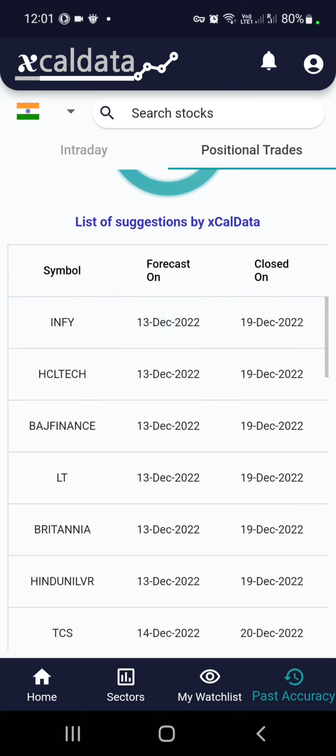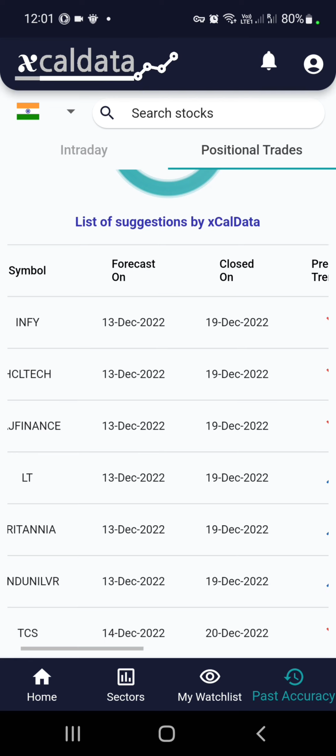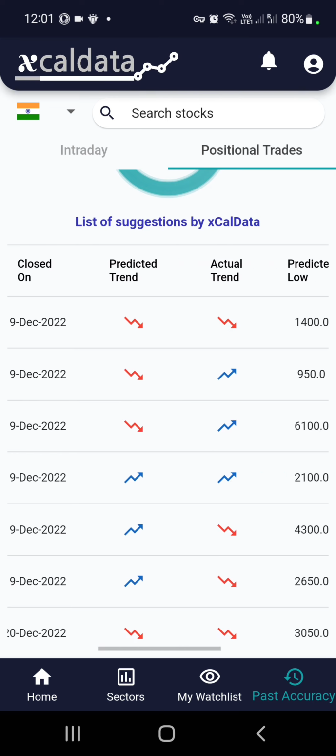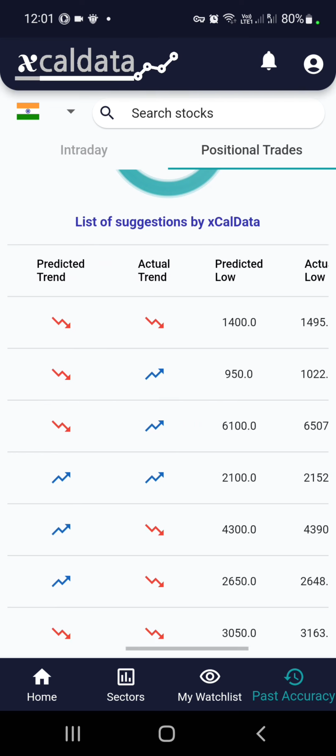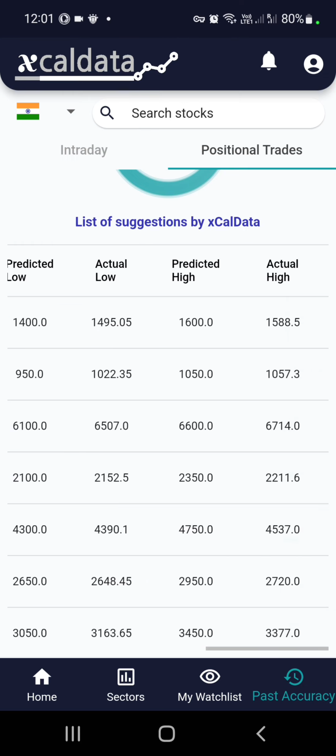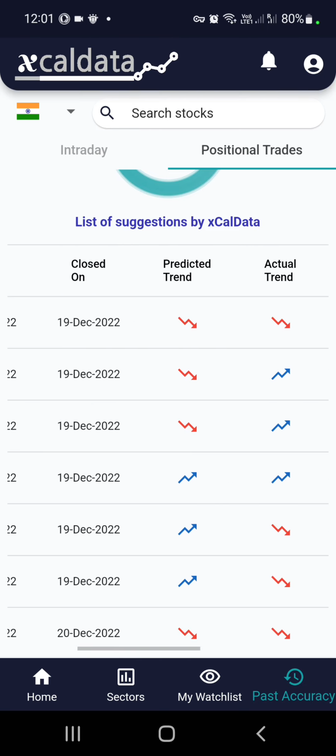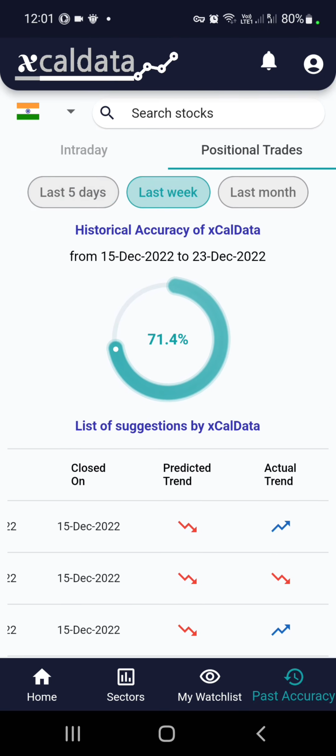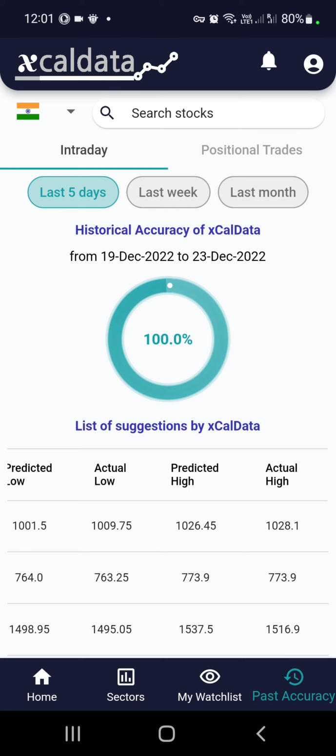You would see the forecast date and the close date, which is 4 or 5 trading days later. You see the trend the same way, the predicted low, actual low, and predicted high and actual high. So that gives you extreme transparency on why xCalData is to be believed.